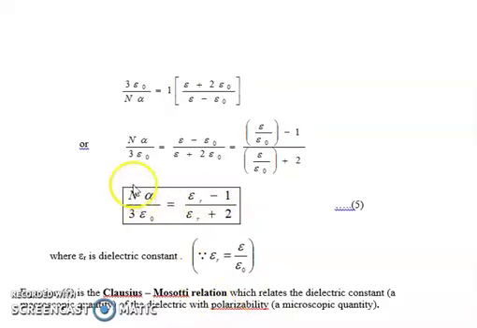N is a constant because it represents the number of molecules per unit volume of the dielectric. Epsilon naught is a constant, it is nothing but the permittivity of free space. So the two variable terms are alpha, which is known as polarizability, and epsilon r, which is known as the dielectric constant. So this Clausius-Mossotti relation is going to relate two terms: epsilon r is the macroscopic term, alpha is the microscopic term.